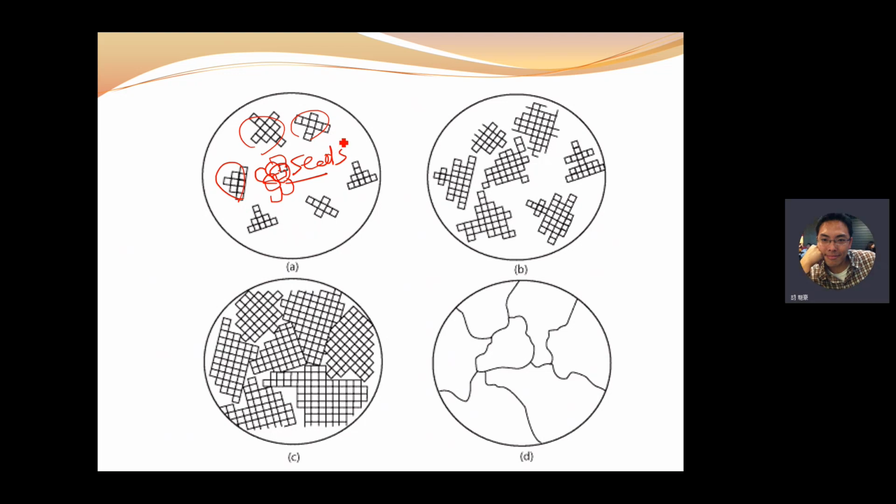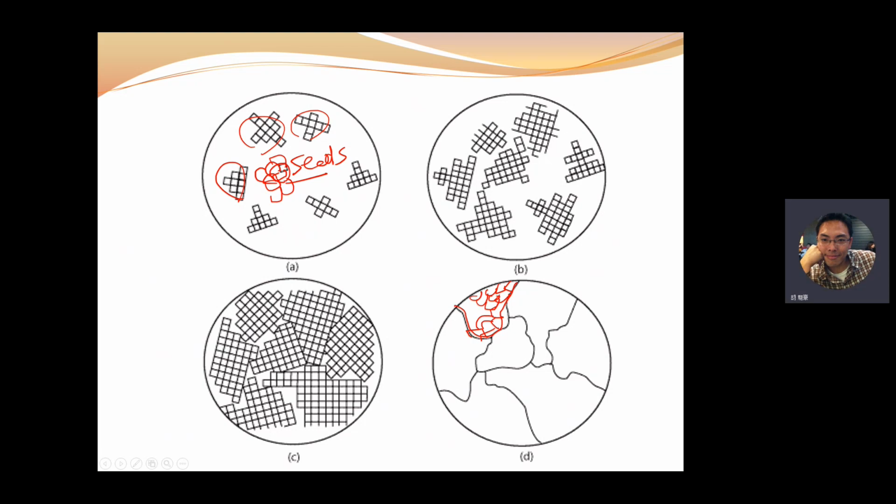And when these nuclei keep growing to form the grain size, they form the grain boundary, right? We already mentioned what the grain boundary is, and it's consisting of the nuclei.